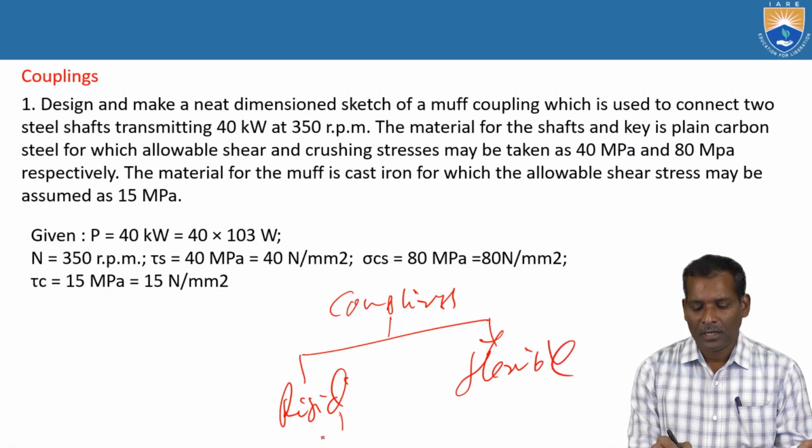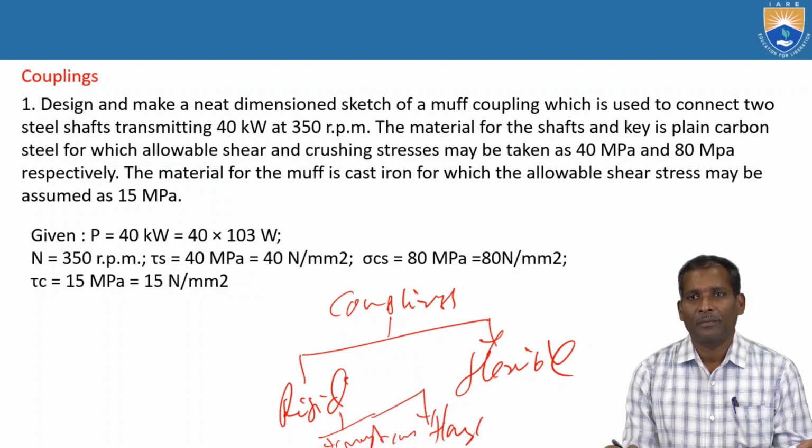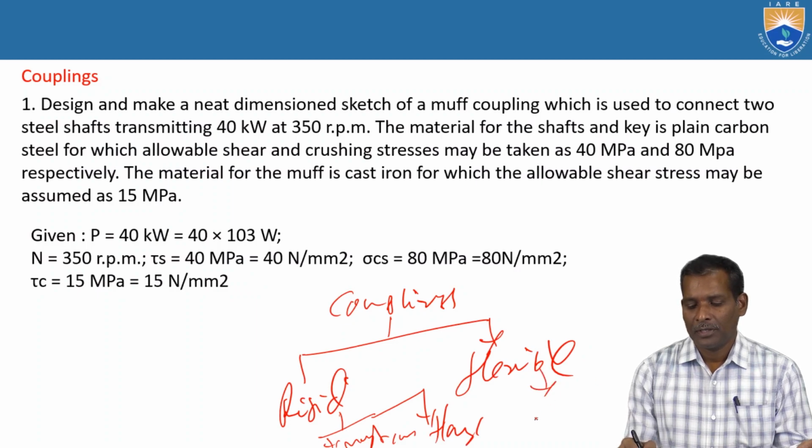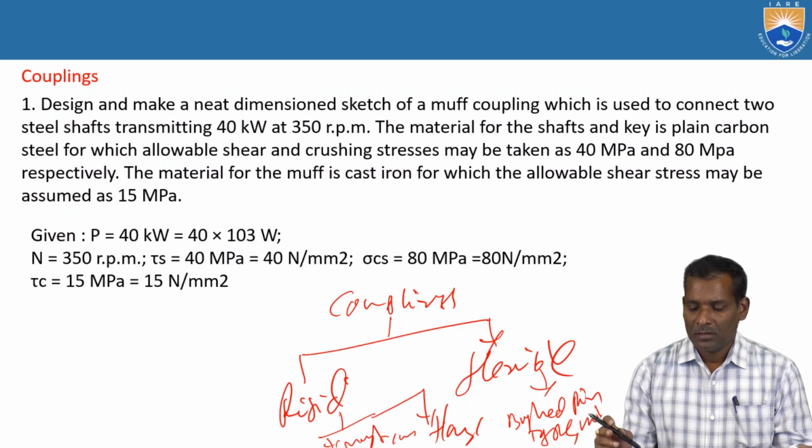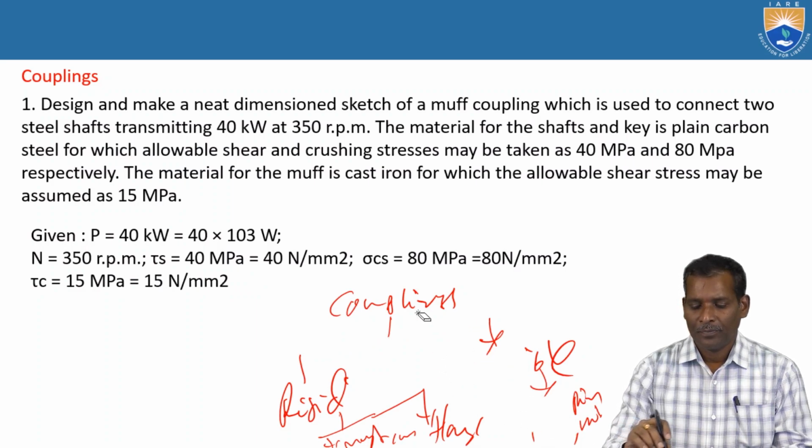Again, rigid couplings are classified into muff coupling and flange coupling. Flexible couplings are bushed pin type coupling and universal coupling. So these are all classified under flexible coupling.